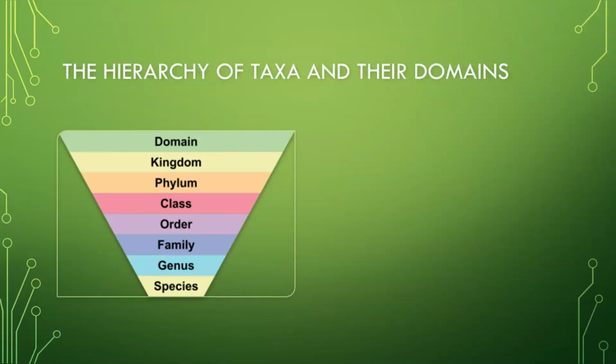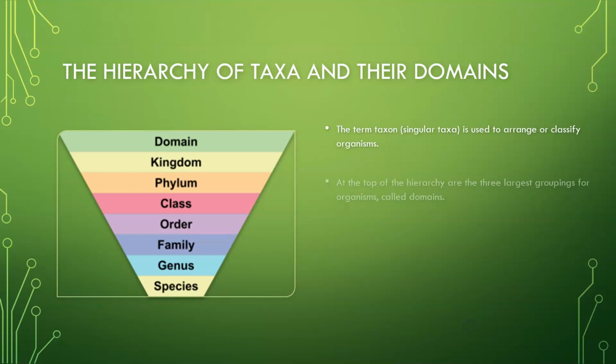Okay, so the hierarchy of taxa and their domains. The term taxon, singular taxa, is used to arrange and classify organisms. At the top of the hierarchy are the three largest groups, so we call them the domains.